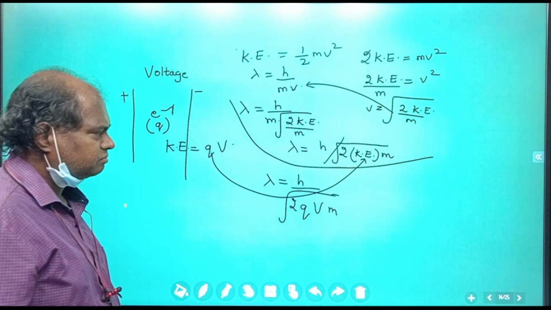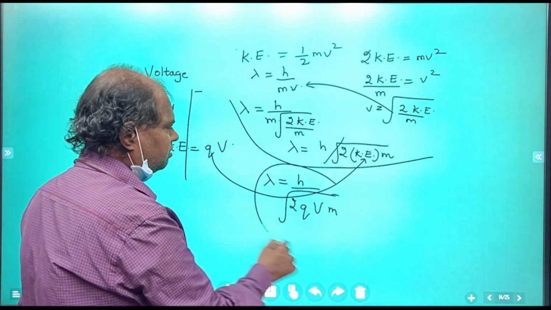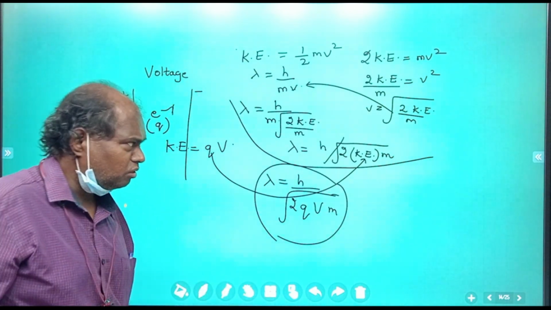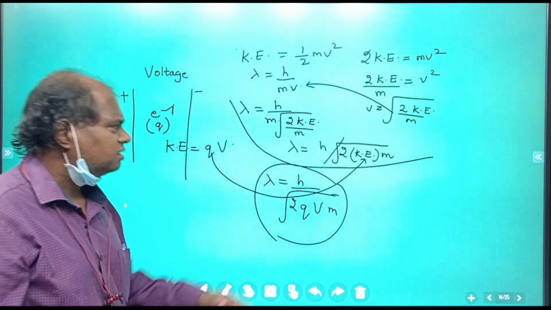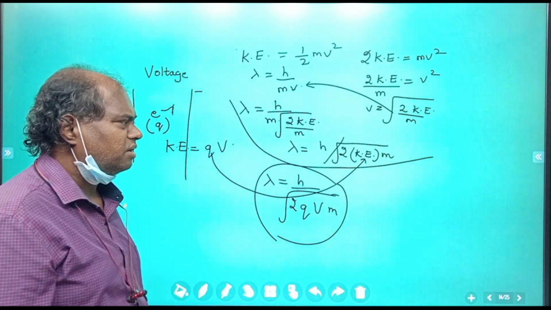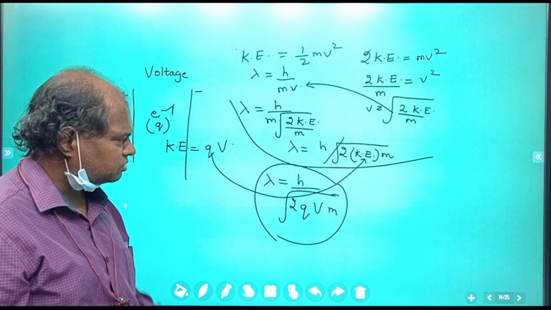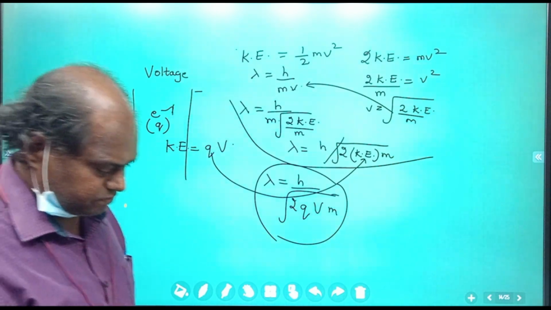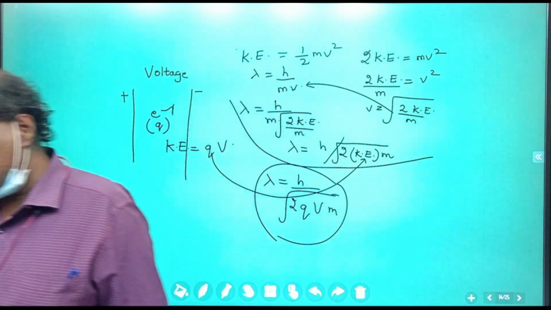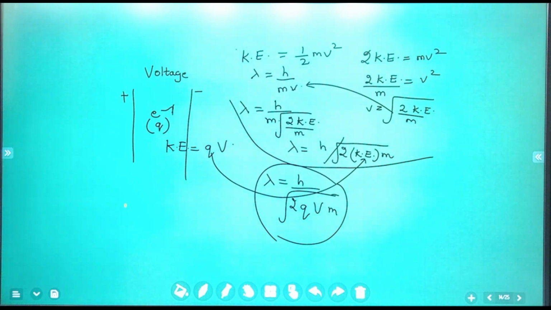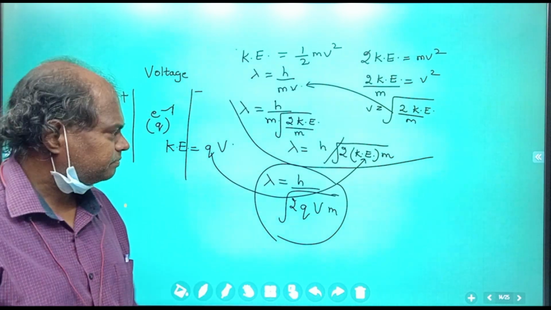So students, note down all these formulas. These formulas are very helpful. You just note down this formula also. So please note it down. Very important. We'll do some sums based on this.